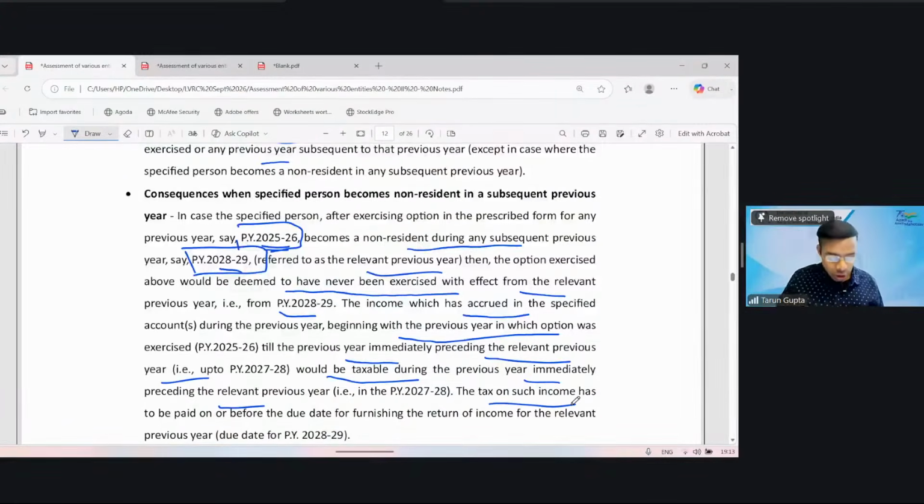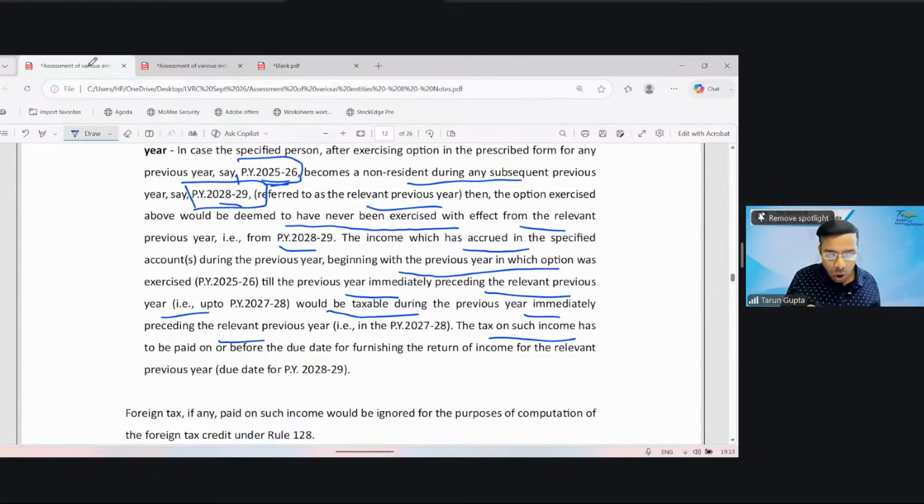The tax on such income was to be paid on or before the due date of furnishing return of income for the relevant previous year. So I have given you time to pay that tax. The tax pertains to previous year 25-26 to 27-28, but I give you time to pay tax on these incomes up to the due date of furnishing return of income for PY 28-29, because only in PY 28-29 I came to know that this income should have been taxed.